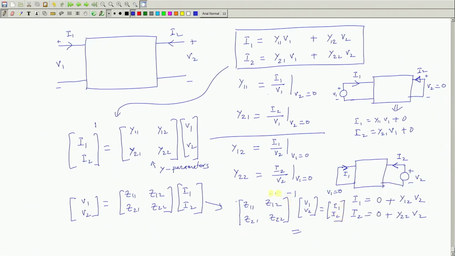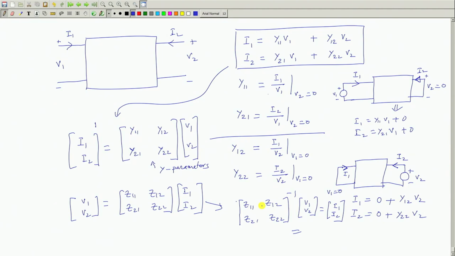So, if you have found the impedance parameters, for the Y parameters no extra test is needed, but the inverse has to be found out. But we will see later, this inverse may not always exist.